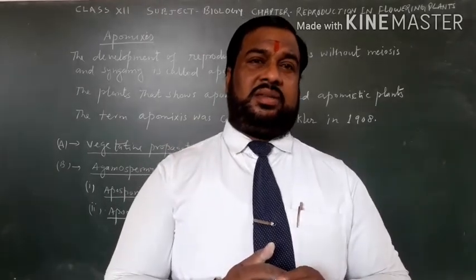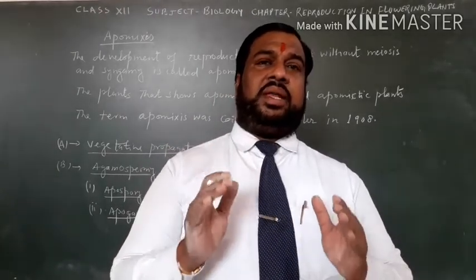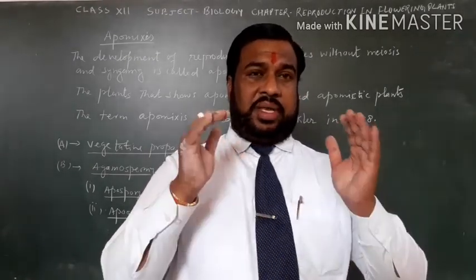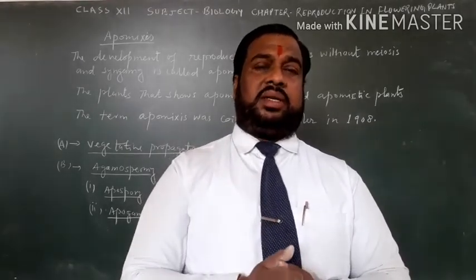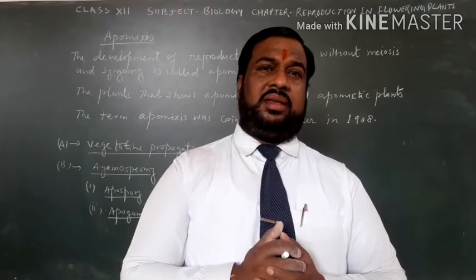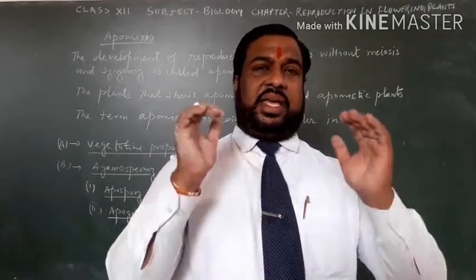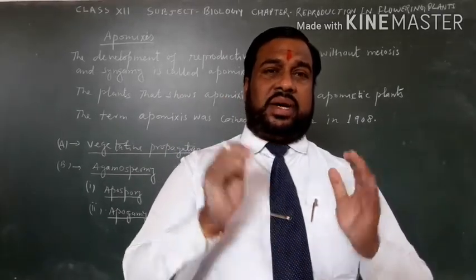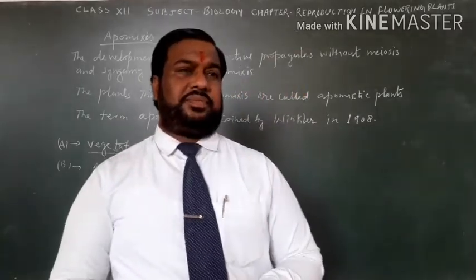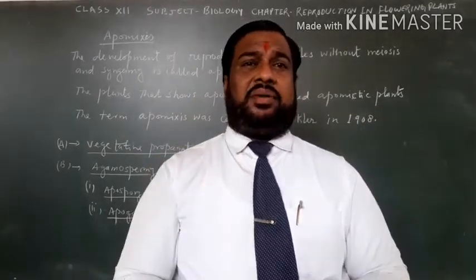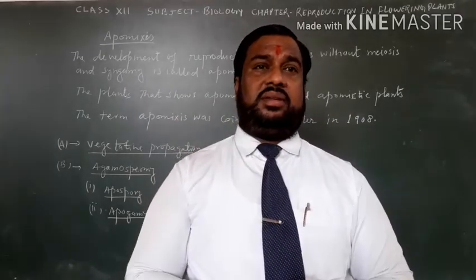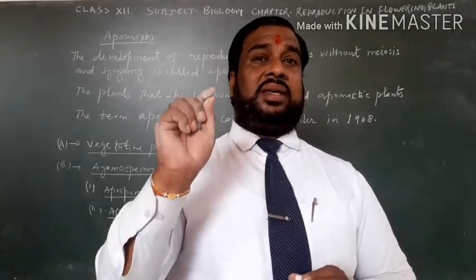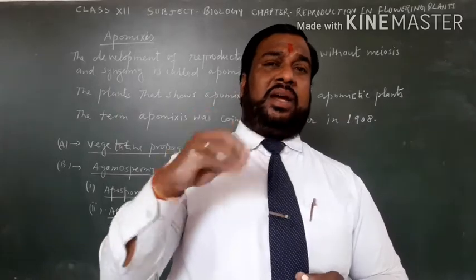Sexual reproduction occurs by the formation of male and female gametes. In later phases, when male and female gametes fuse together, it is known as syngamy, also called amphimixis, to form a diploid zygote. What is apomixis? It is a type of asexual reproduction in which plants mimic sexual reproduction.